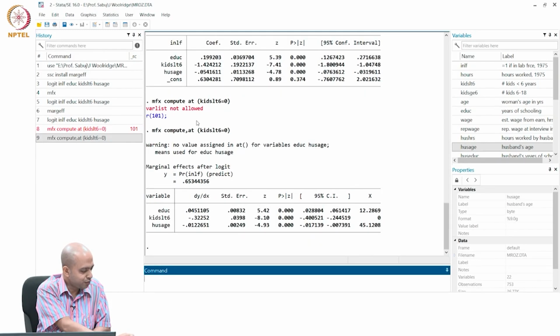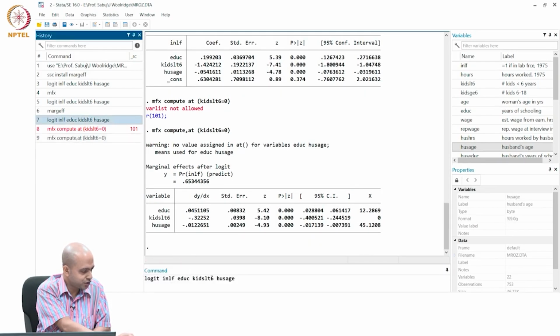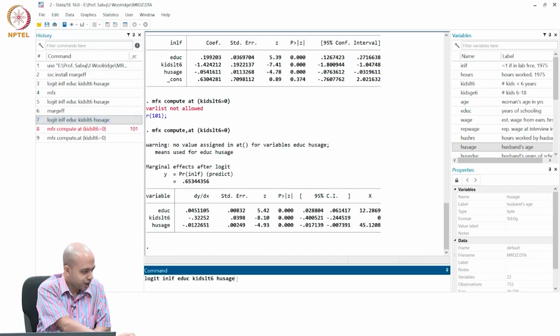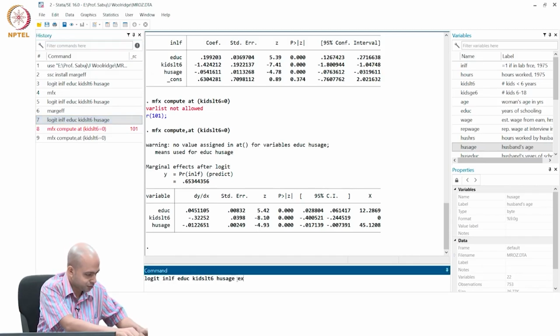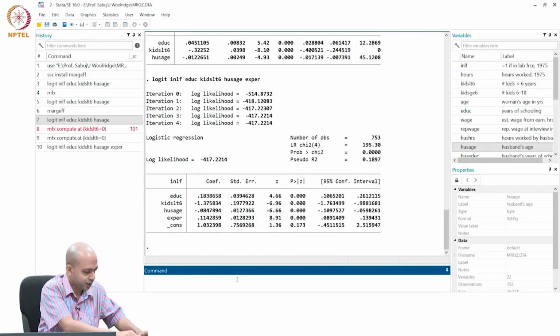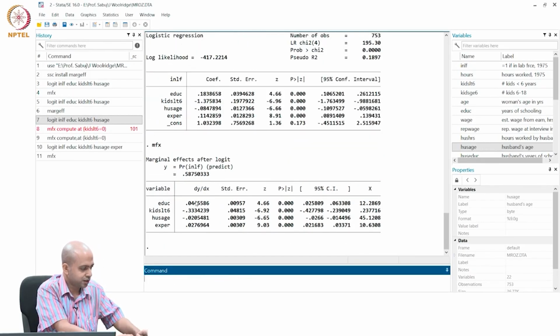Sorry, I forgot to mention the experience. Let me put experience also: Logit in labor force, and then I will put experience also. This is the model, and then you calculate mfx, then this is 0.33.